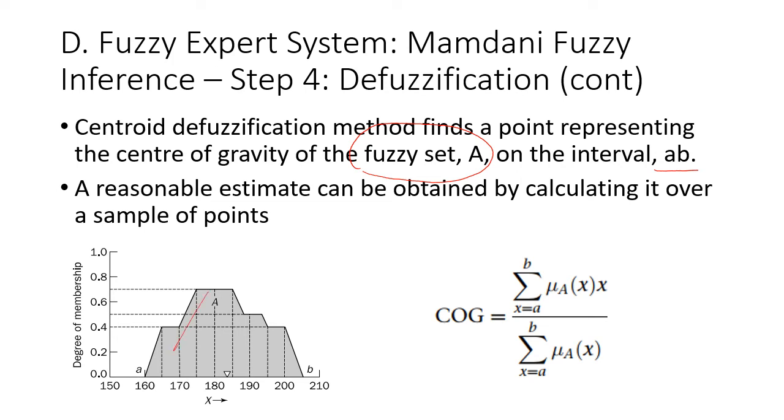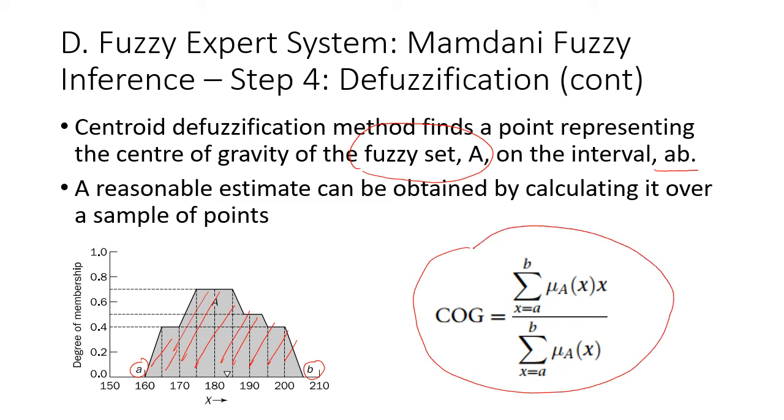So this whole set over here is fuzzy set A, and from A to B is our interval. Therefore, a reasonable estimate can be obtained by calculating it over a sample of points. So this method over here is a method of calculating area using a numerical method, which is much easier as compared to integration.